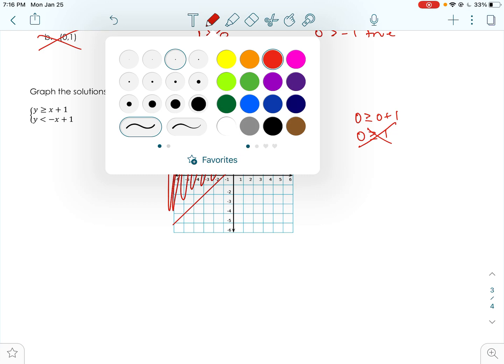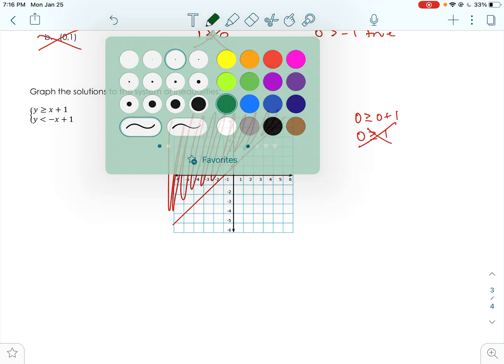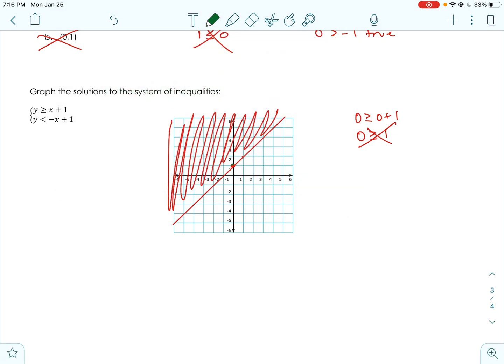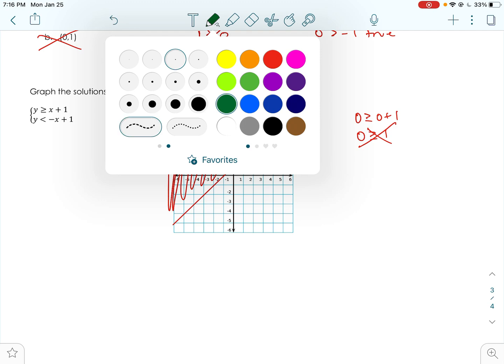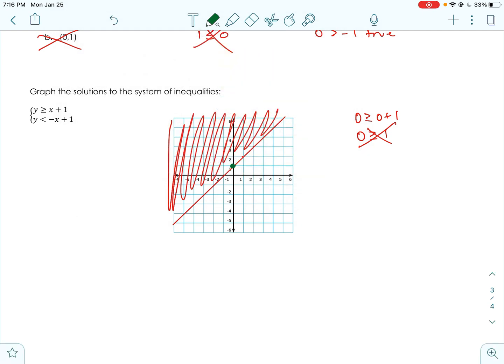Then we'll graph our other equation, which is going to be a y-intercept of 1 and then a slope of negative 1, so it's going to look like this. And we're going to have to redo that because it does say less than, so we need to make sure that our line is dashed and not solid. So again, it's going to look like this, like so.